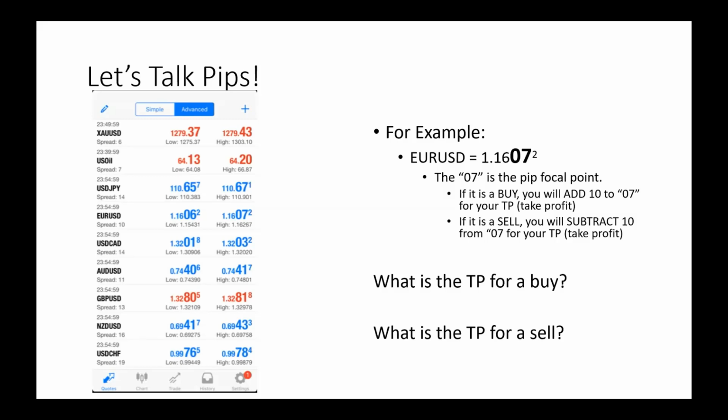Now, the take profit for the sell. That means you're going to subtract 10 from the 0 and the 7. What is your take profit going to be? 1.15972. Anybody else? I agree. Okay, who is that?